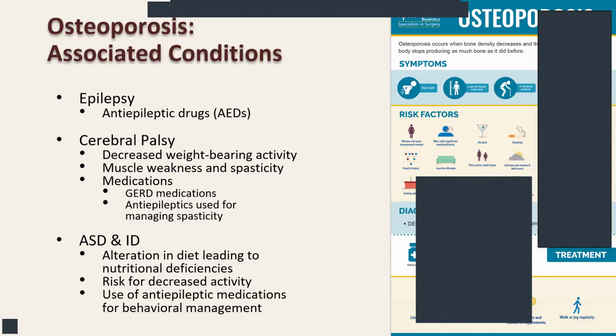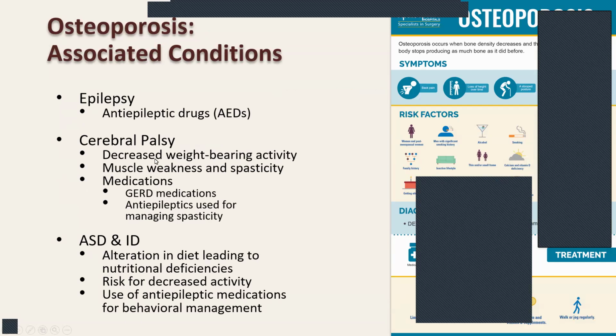So as I mentioned before, the anti-epileptic drugs, or AEDs, do affect bone density. And those are medications like phenobarbital, phenytoin, carbamazepine, and divalproex. And we see that a lot with our clients who have a diagnosis of epilepsy.